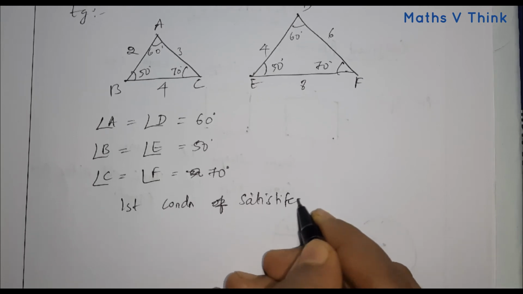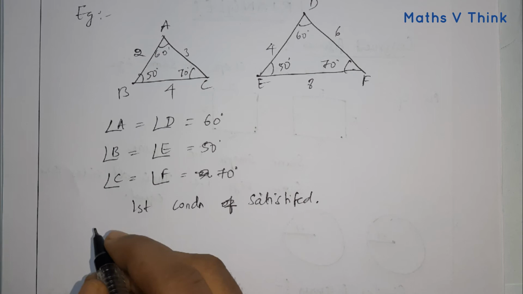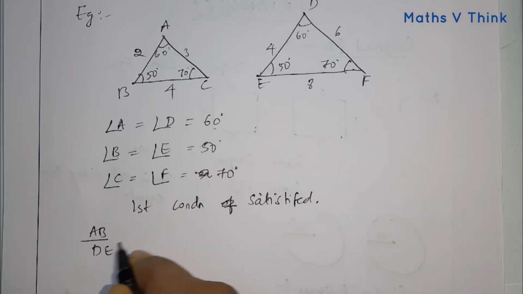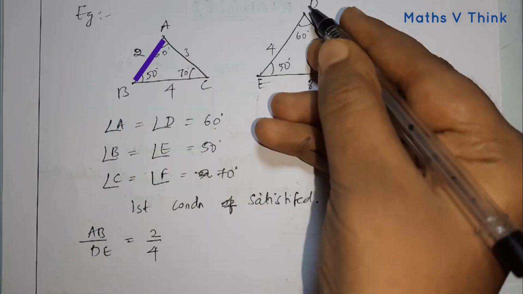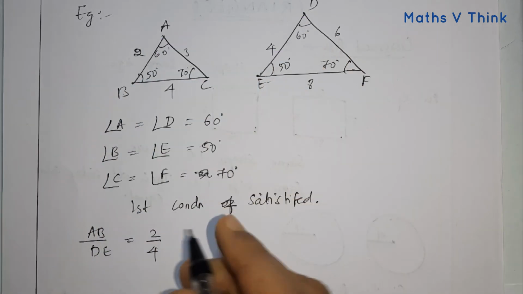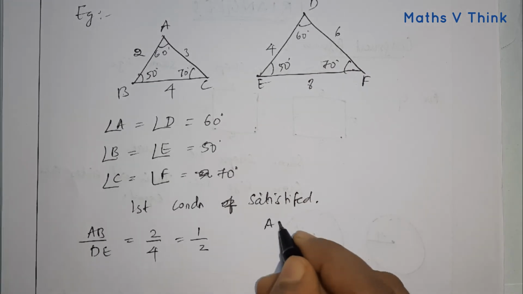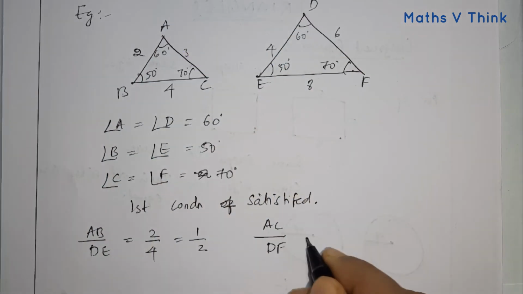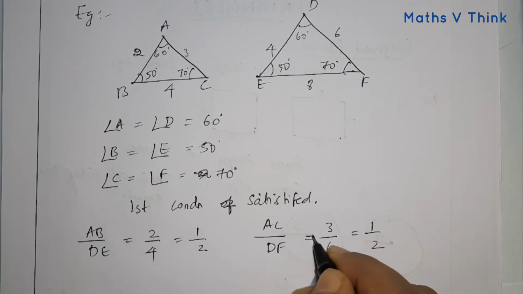Now we need to satisfy the second condition. So let's take AB by DE, which is 2 by 4, which is nothing but 1 by 2. Same way AC by DF is 3 by 6, which is also 1 by 2.